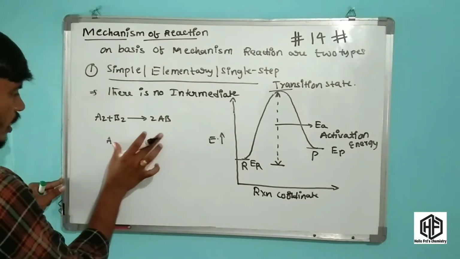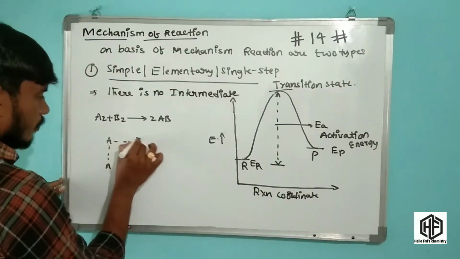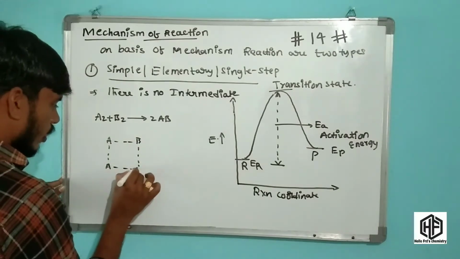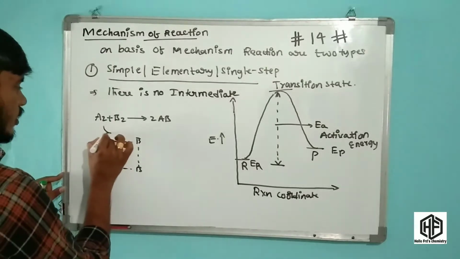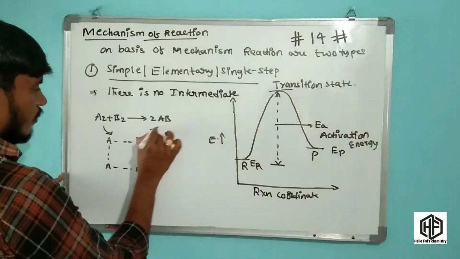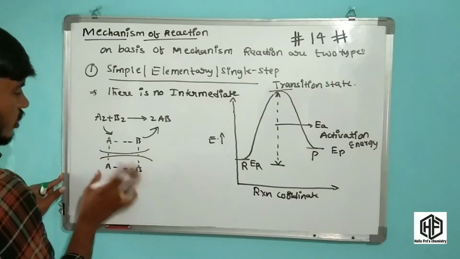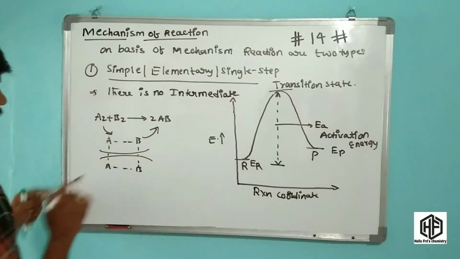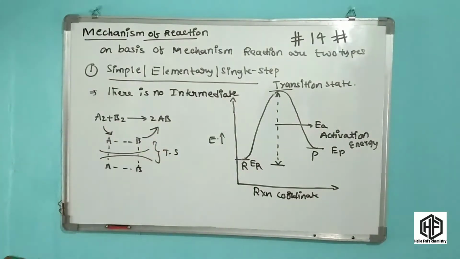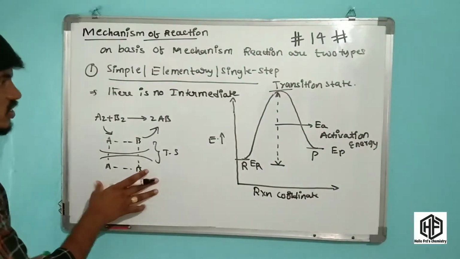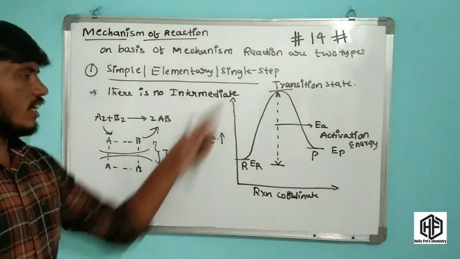A is partially bound to A and A is partially bound to B. This is the transition state of A2 plus B2, and after bond breaking it is converted to AB, meaning 2 AB molecules are present. This is the transition state of the simple or elementary single step reaction. There is no intermediate present.